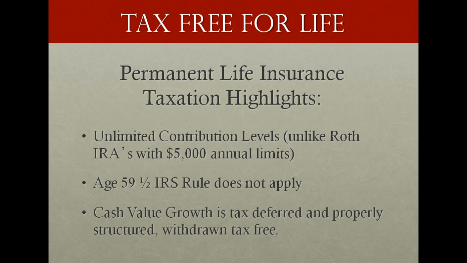I would also say that the IRS rule requiring minimum distributions starting at age 70 and a half also does not apply to permanent life insurance. And then finally, cash value growth inside of permanent life insurance will grow tax deferred and properly structured will be withdrawn tax free.